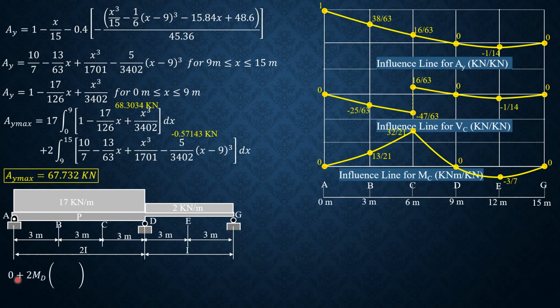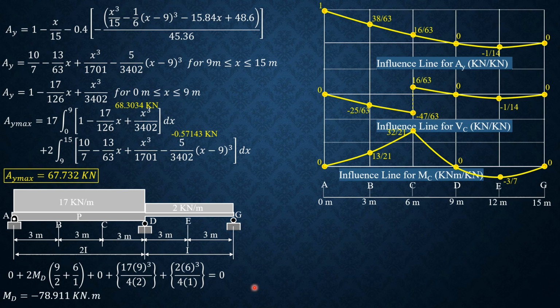So moment at A is 0, plus MD times quantity 9 over 2 plus 6 over 1, plus MG which is 0, plus 17 times 9 cubed over 4 times 2, I is 2, plus 2 times 6 cubed over 4 times 1 equals 0. Simplifying, we can now solve for MD: moment at D is equal to negative 78.911 kilonewton meters.